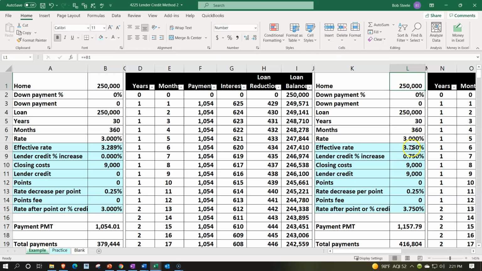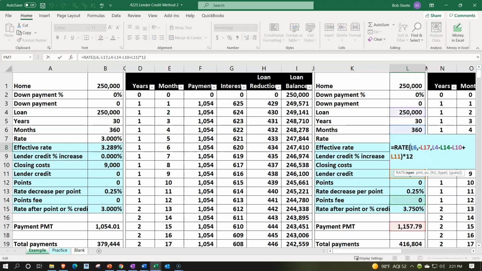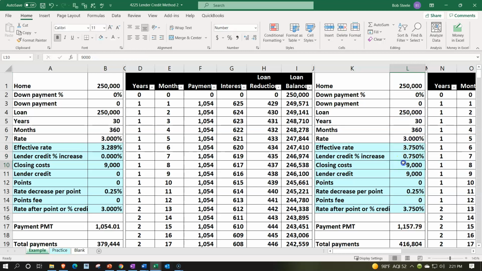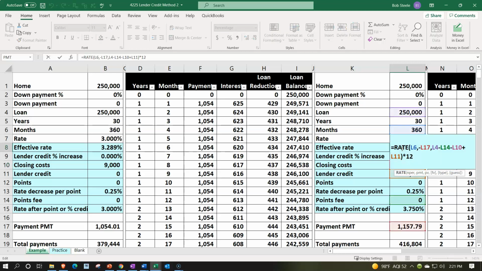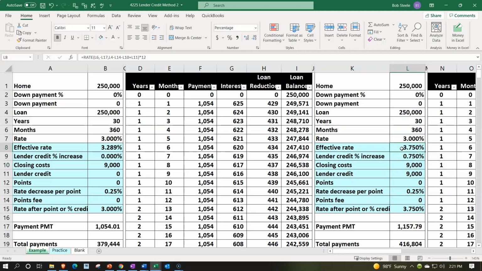So if I take my effective rate, in essence, we still have the closing cost of the 9,000, but then they were nulled out. They were paid, in essence, by the lender up front. If we take those two components into consideration, we can calculate the effective rate, which basically gets us back to the rate after we take into account the credits. Okay, so hopefully this makes a little bit more sense once we get to the actual calculations.